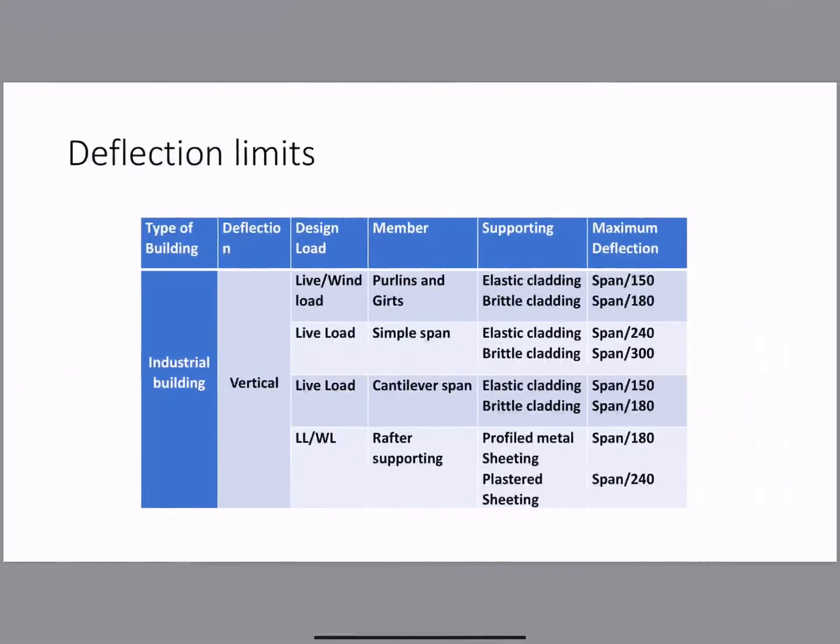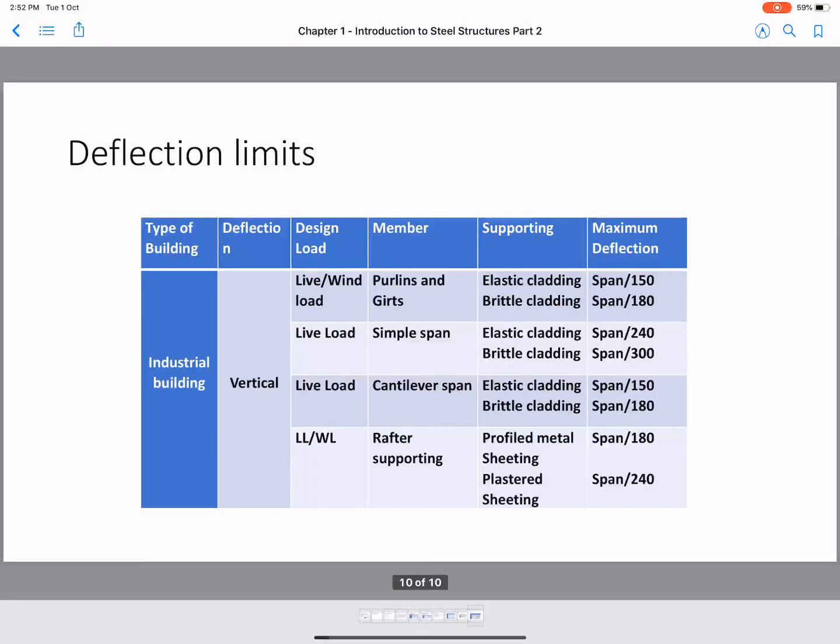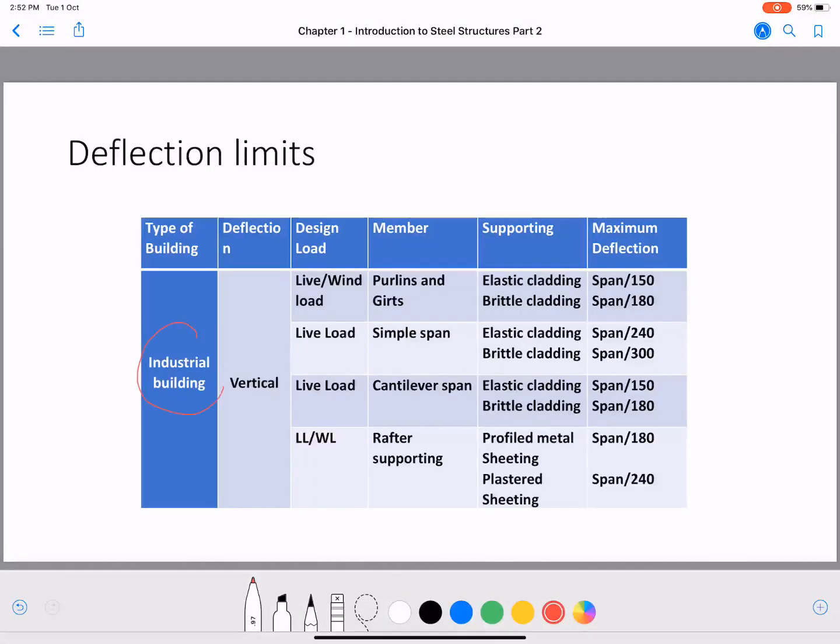Now deflection limits. In strength we check the capacities; in deflection we need to do the serviceability check. The serviceability check is done based on the deflection limits. We need to find out the type of structure we are checking, whether industrial building or residential building. The allowable deflection, for example for live and wind load on purlins and girts with elastic cladding, is span by 150.